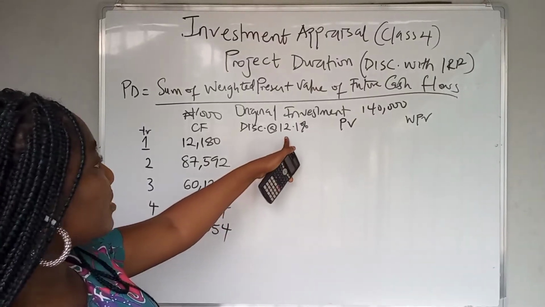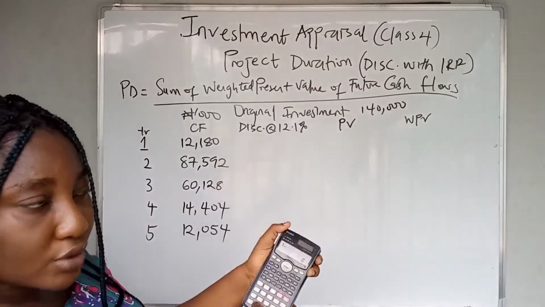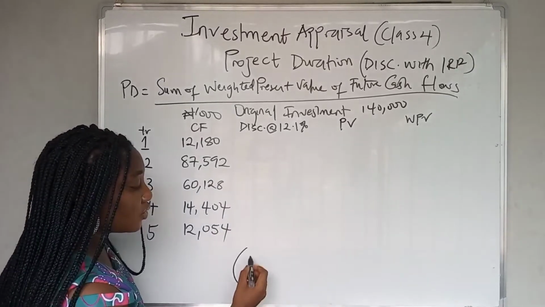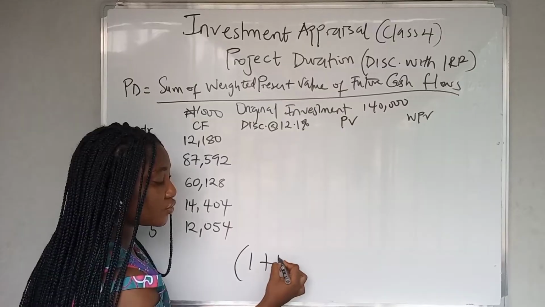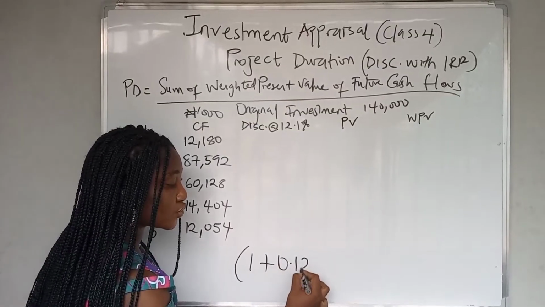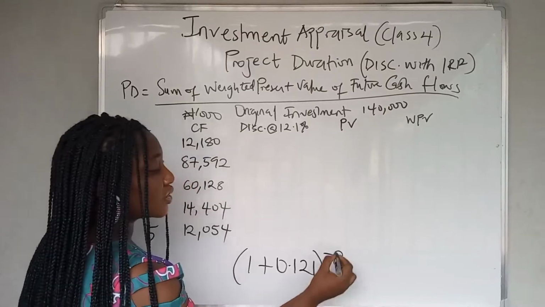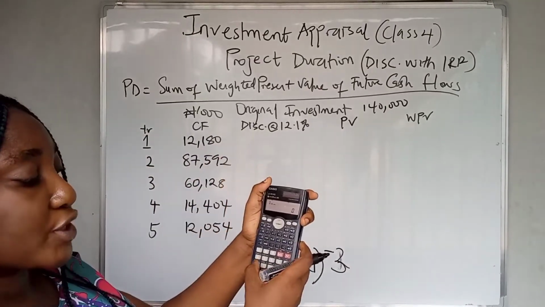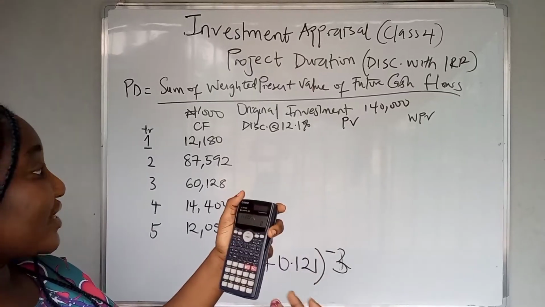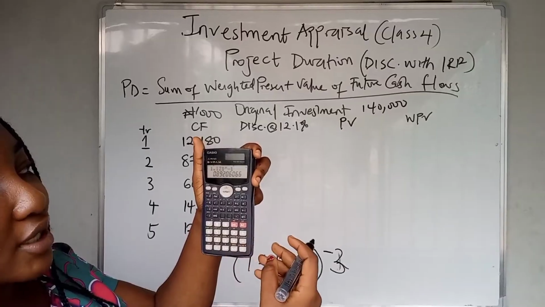When you are discounting at 12.1%, for year 1, you know that formula, right? 1 plus R, that's 1 plus 12.1%. You won't write 12.1, it will be 0.121, raised to power minus 1, then raised to power minus 2, then raised to power minus 3, like that. So for year 1, 1.121 raised to power minus 1. Can you see that?